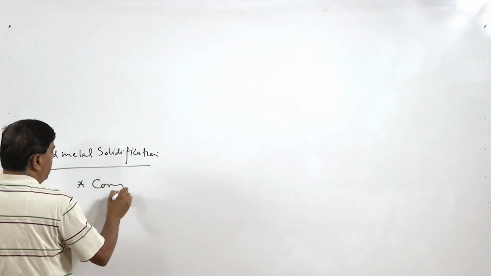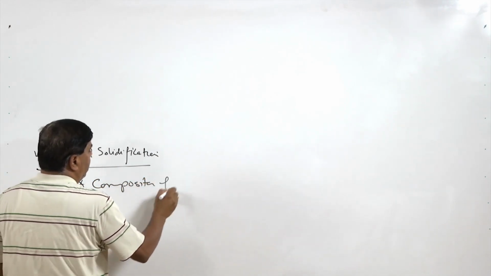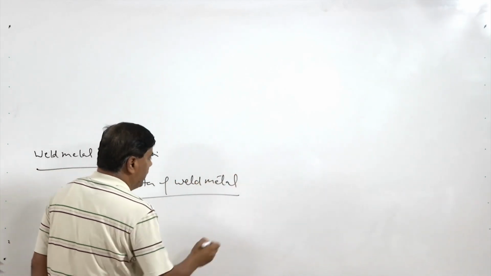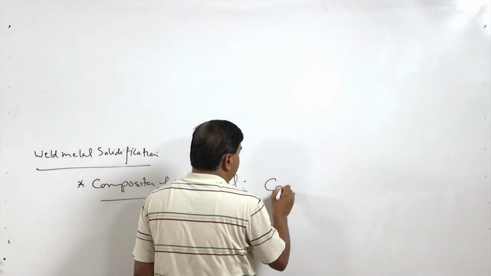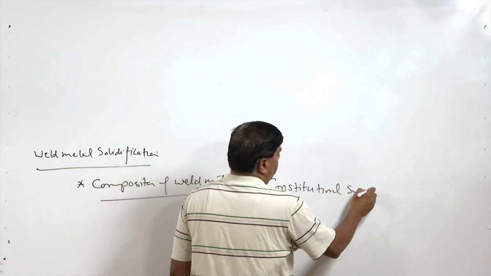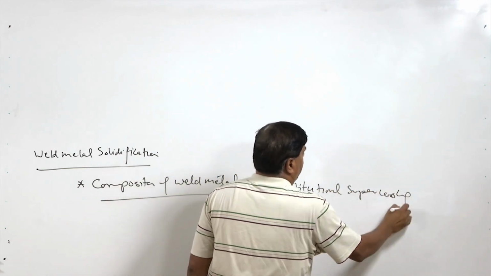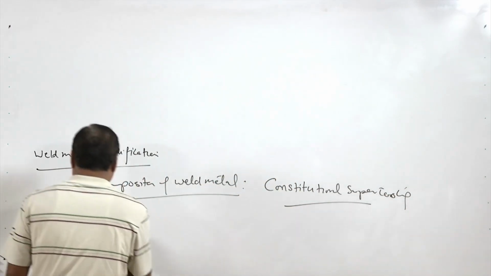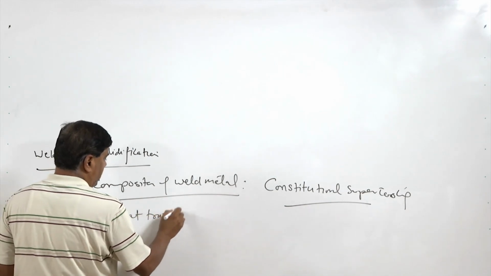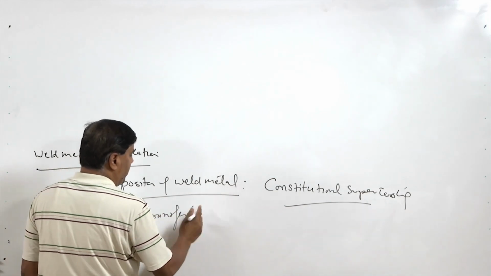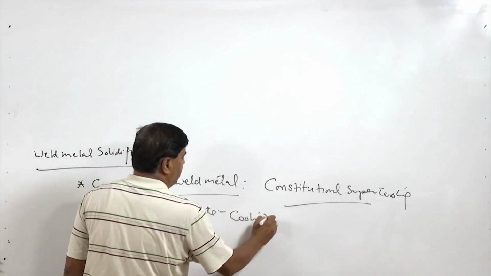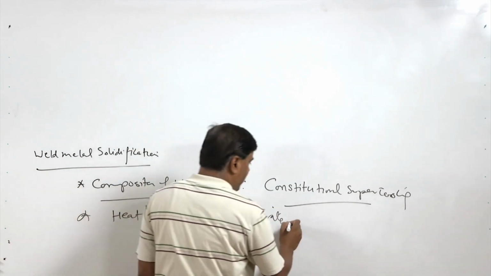One is the composition of the weld metal which is solidifying, and this composition basically affects the constitutional supercooling aspect related with the solidification, and another is the heat transfer rate away from the weld metal.